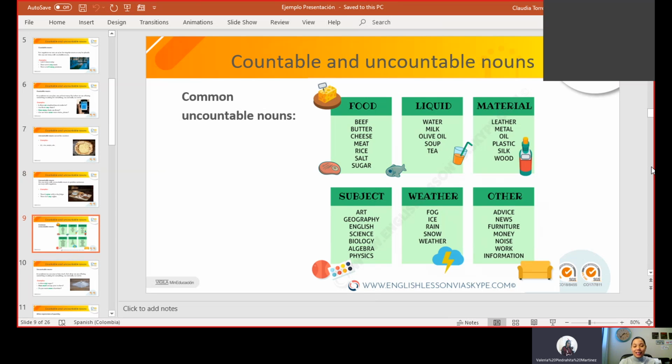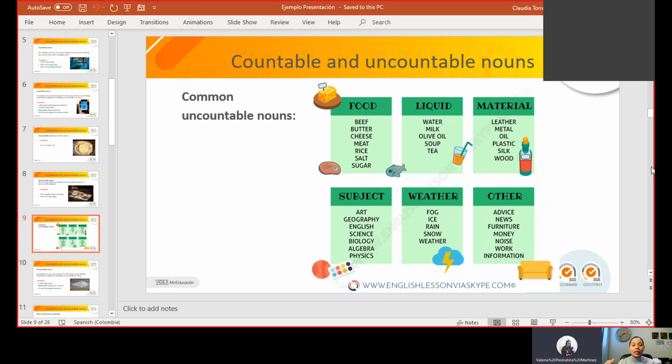Now pay attention to the other ones. And here is the furniture you were talking about. So advice. You cannot say, oh, give me one advice, or I'll give you an advice. No. Can you give me some advice?